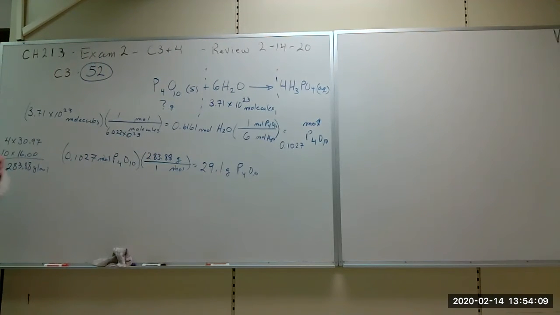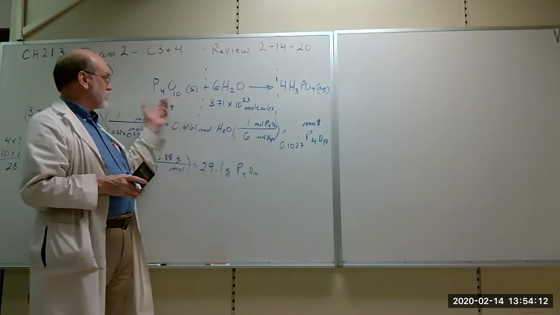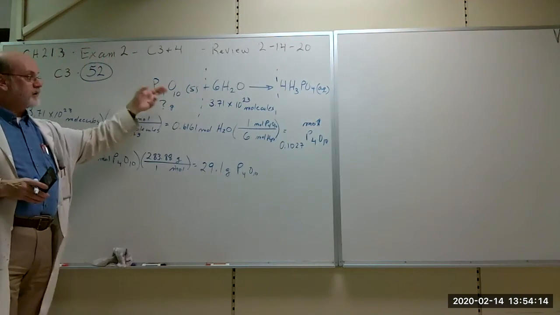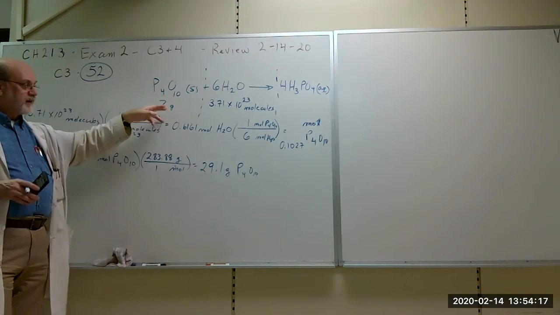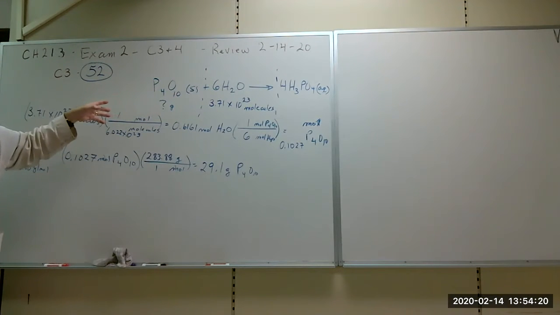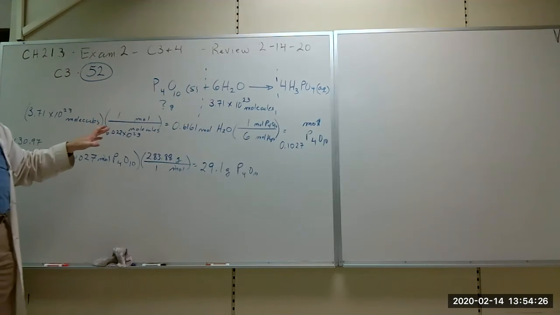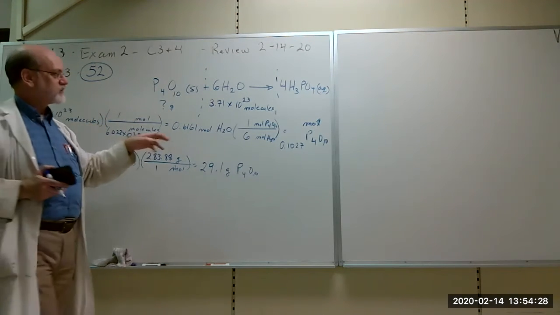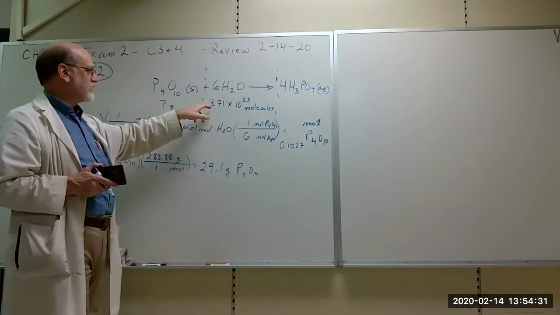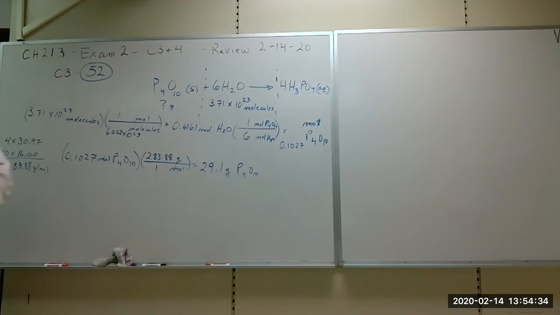We could have gone from there to there with a 6-to-1 conversion, but eventually you're going to have to make molecules into moles, because in order to have grams, you need a molar mass, and that means grams per mole. So the principle is balance the equation, check to see if you've got moles or molecules, numbers, before you can move anywhere in the equation, and then you're good to go.